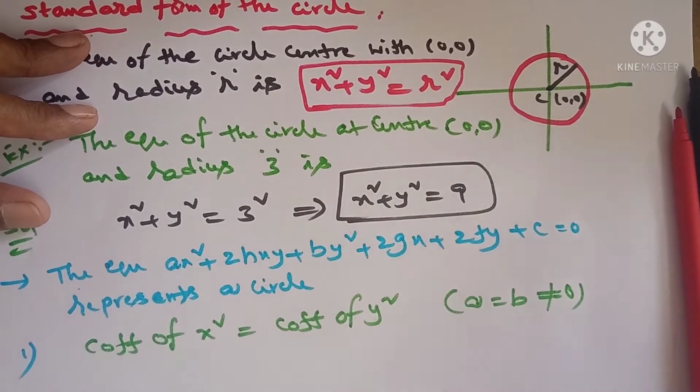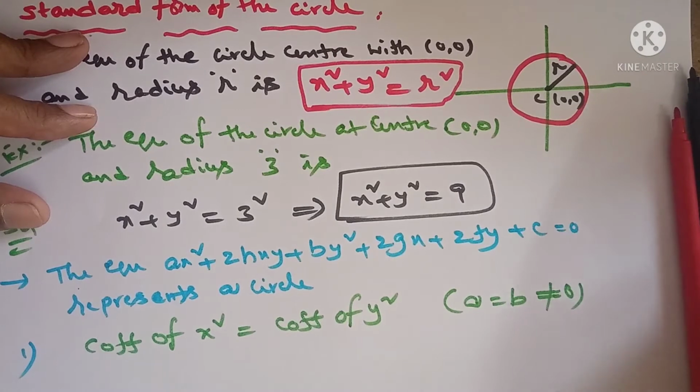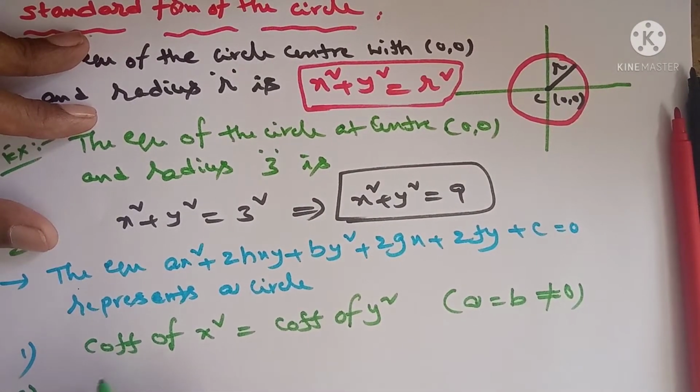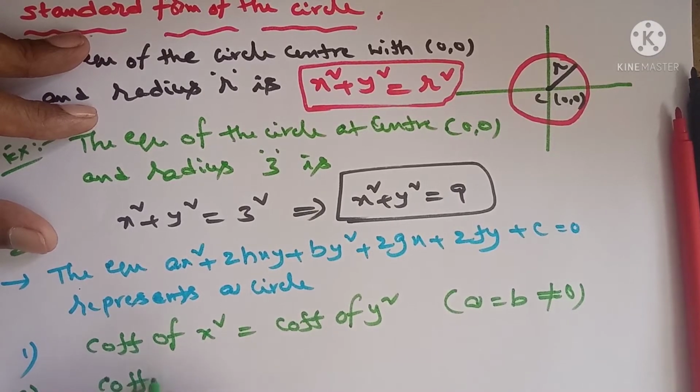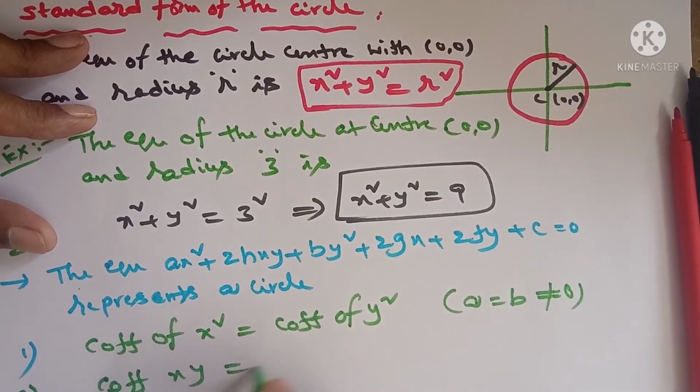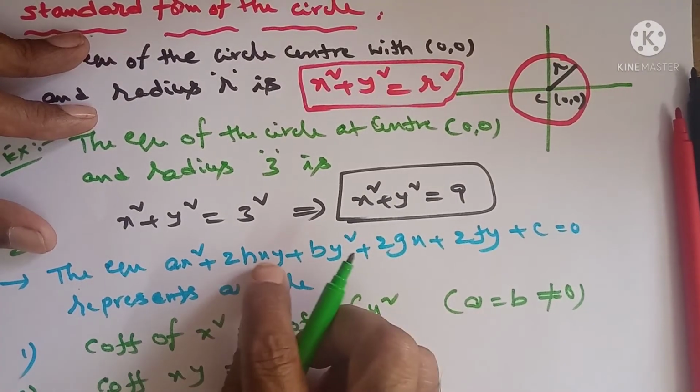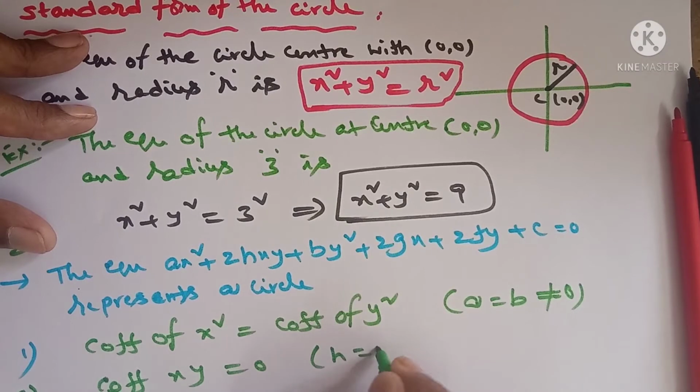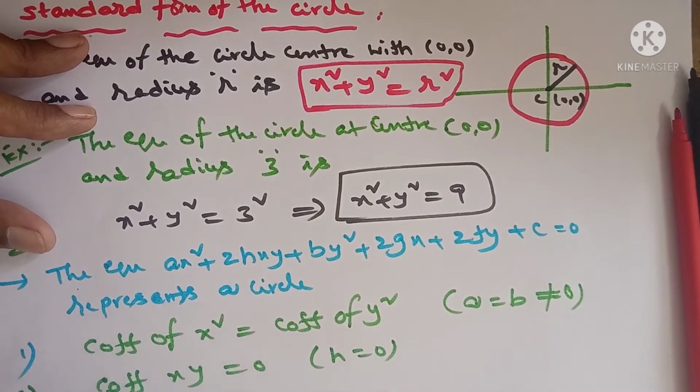This is the first condition. Next, the second one is coefficient of xy is equal to 0. That means h value is equal to 0. This is the second condition.